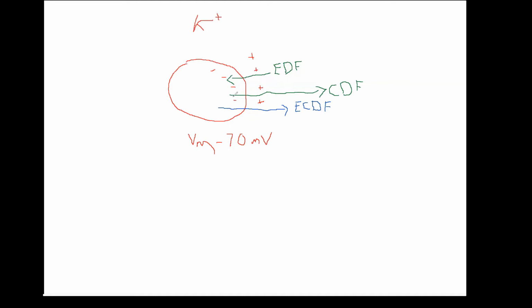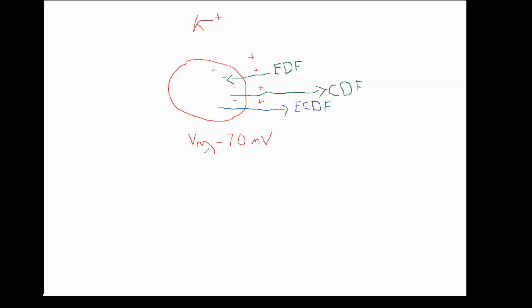In this case, we can see that our electrochemical driving force is pulling potassium out of the cell. Every time potassium moves out of the cell, it's pulling a positive charge from the inside of the cell to the outside of the cell, which means that this number is going to get more and more negative. So if potassium is able to follow its electrochemical driving force, we're going to get a more and more negative membrane potential.